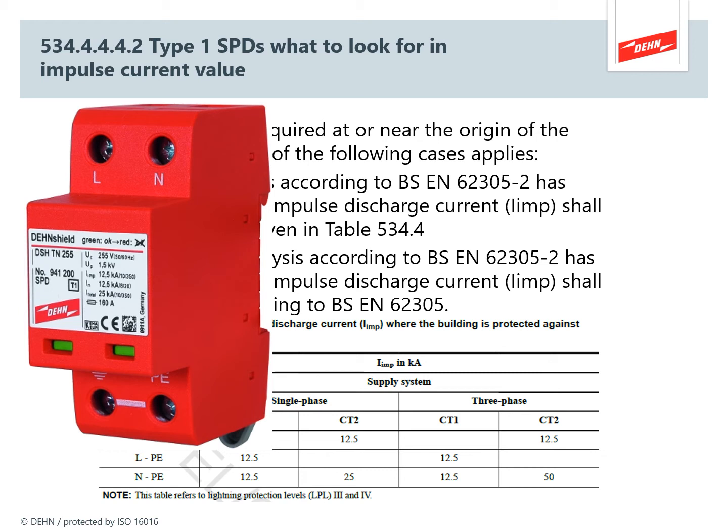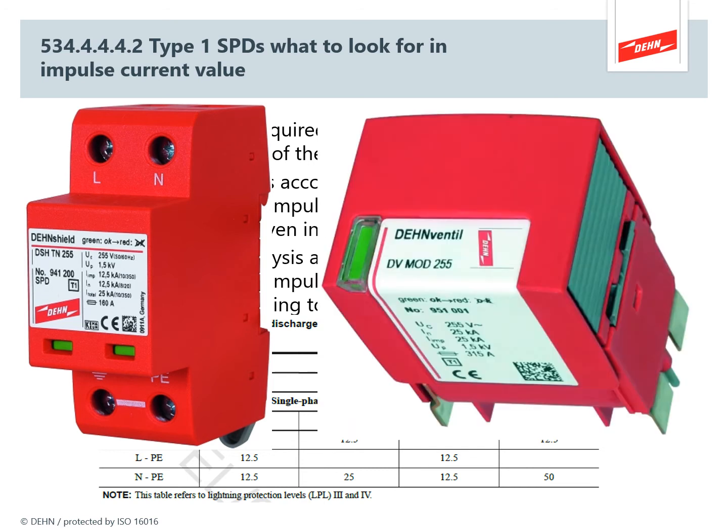Now that is only typically used in levels 3 and 4. You can see the note under the table there, lightning protection levels 3 and 4. For lightning protection levels 1 and 2, which are the most onerous, you've got to go for something which is rated at 25 kA per pole.